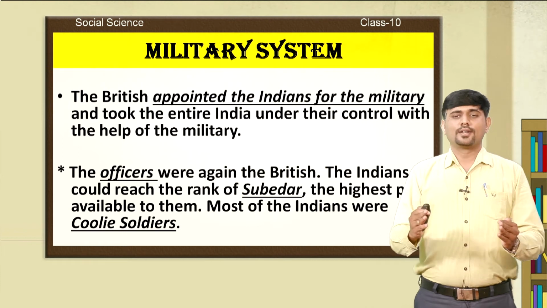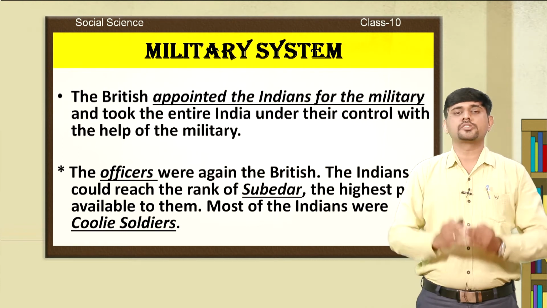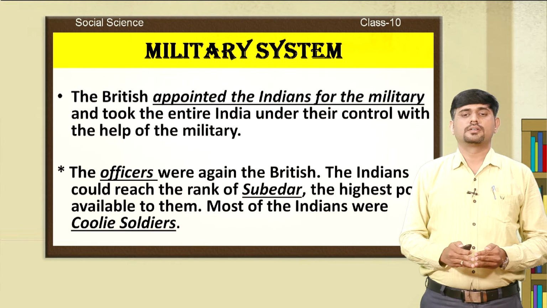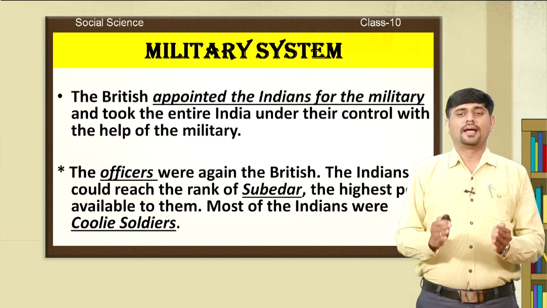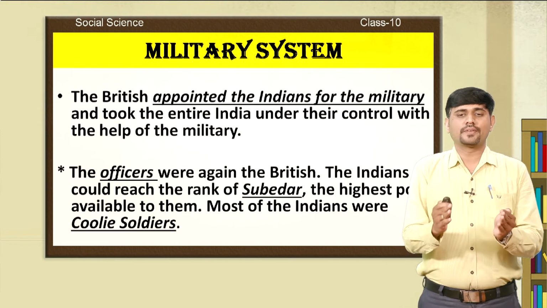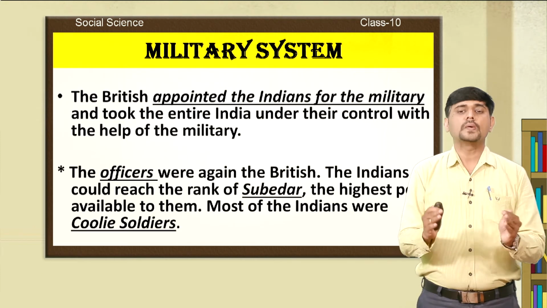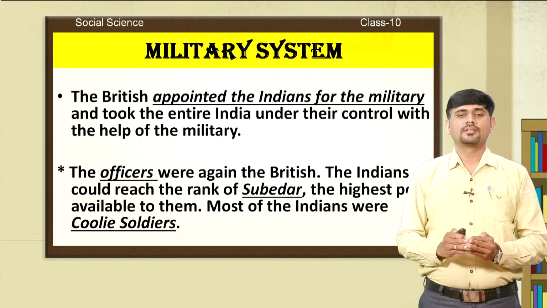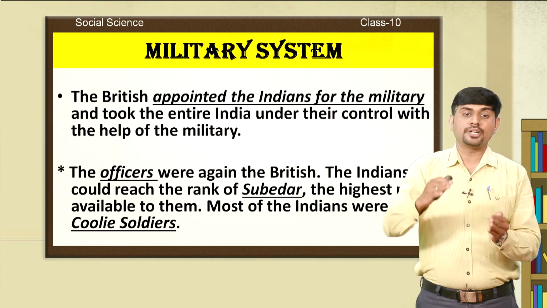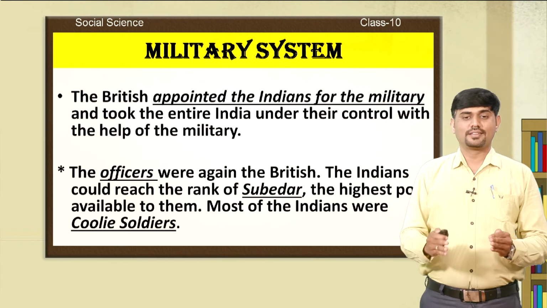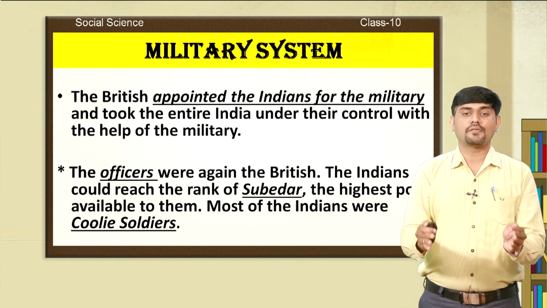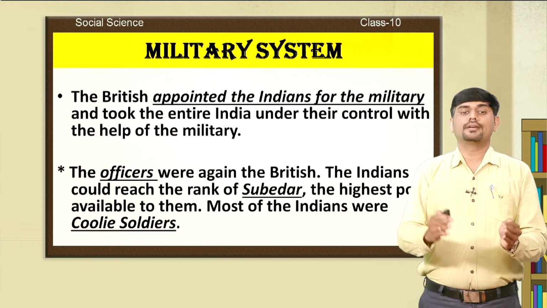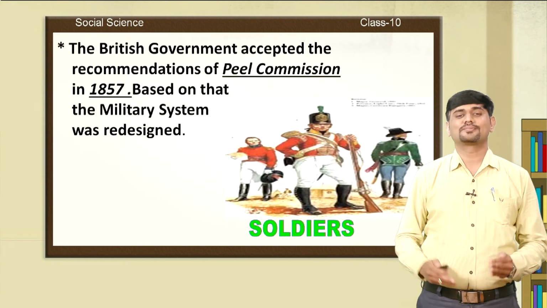Though there were a number of higher positions, the Indians were confined to the Subedar position. Most of the Indians who worked in the military were called coolie soldiers. They had to work for the British officers and were served for various other purposes of the British officers. Therefore, they were also called coolie soldiers.